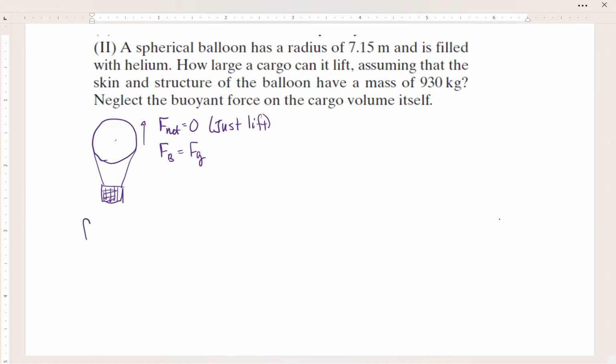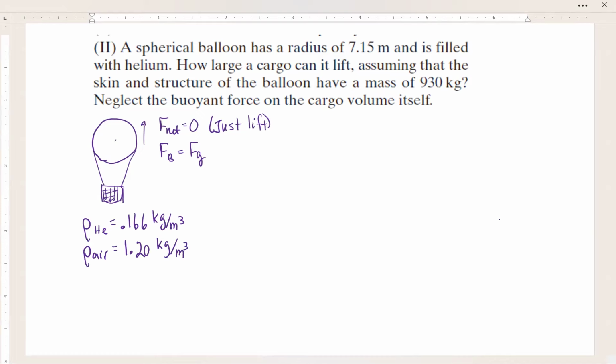Then we're going to go and look up the density of helium, which is 0.166 kilograms per cubic meter. And the density of air, which is 1.2 kilograms per cubic meter. I looked them up while I had it paused.